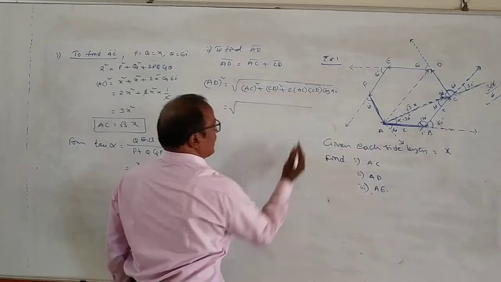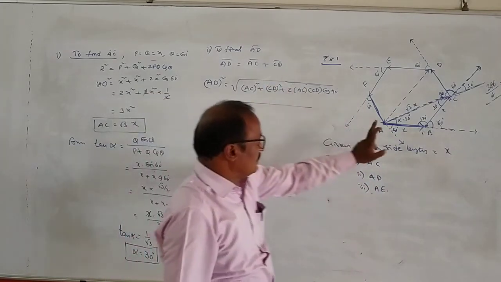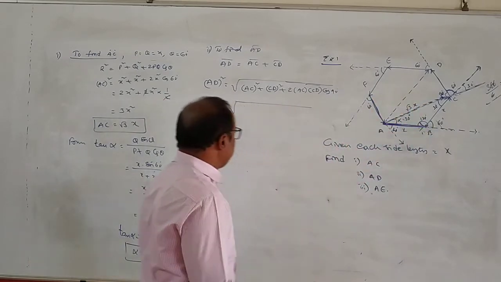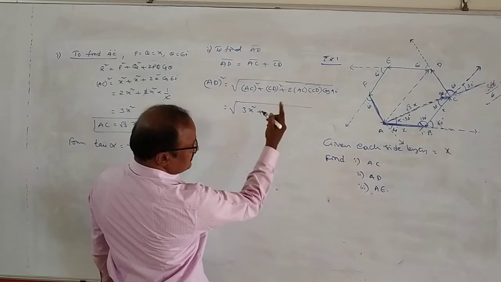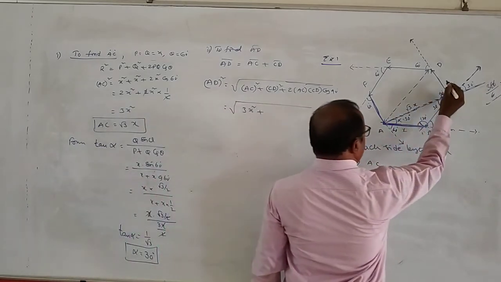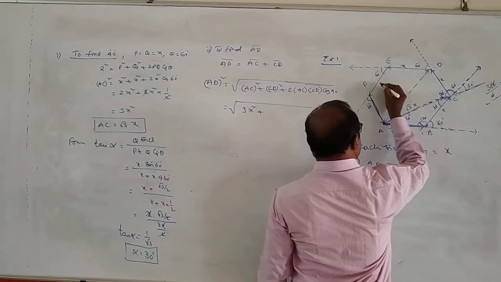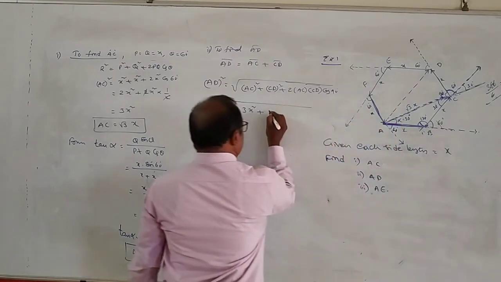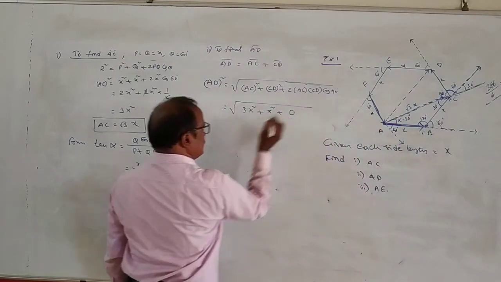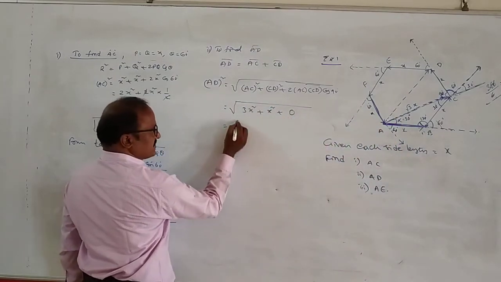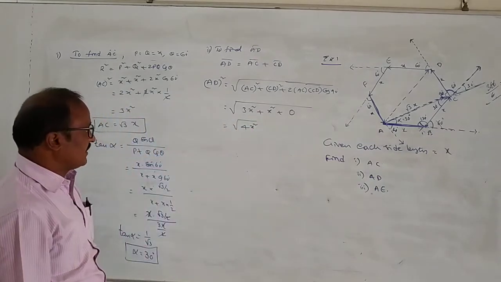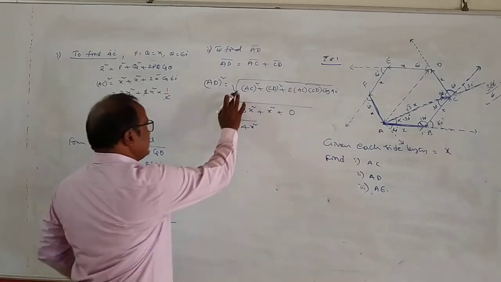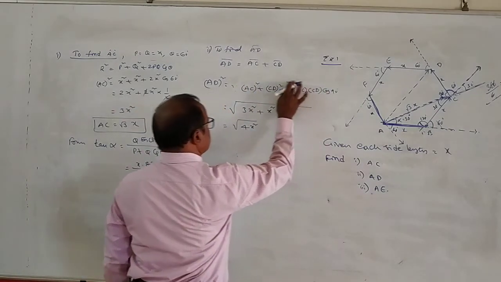So AD square is equal to AC square, where the AC value is root 3x. Squared means 3x square, plus CD square. CD is also equal to x, since the length of each side is given by x. So x square plus 0. 3x square plus x square means 4x square.